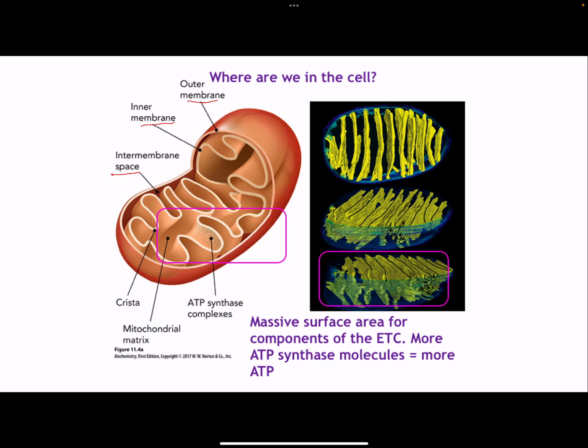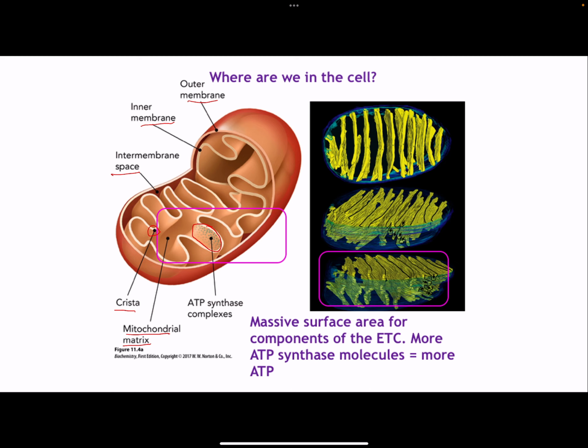We have something called the crista, which is shown here. The mitochondrial matrix is within these folds of the inner membrane. And finally, shown here, all these little spots are the ATP synthase complexes that are going to be producing ATP, which we're going to talk about in the next lecture.